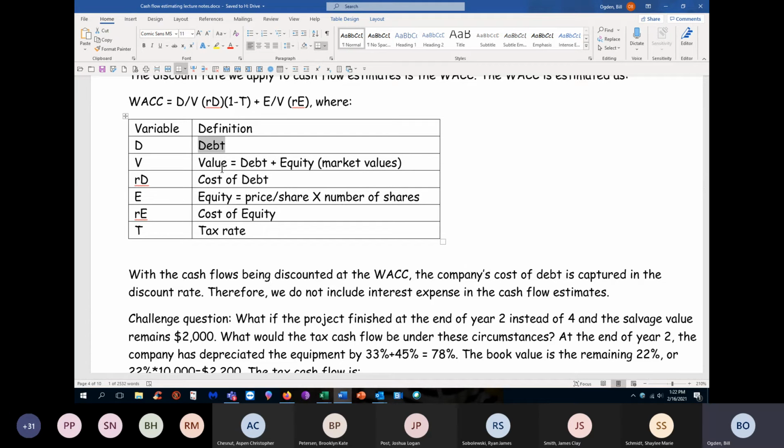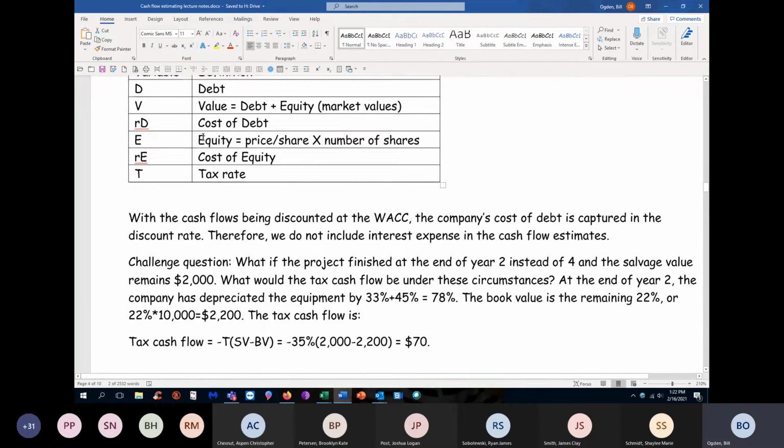Well, yes, it is. But I guess the point of all this is we are showing the cost of debt as part of our discount rate. Okay, so if you would show it here in your discount rate and then also subtract it in your cash flows, you'd be accounting for it twice. So that's why we don't.